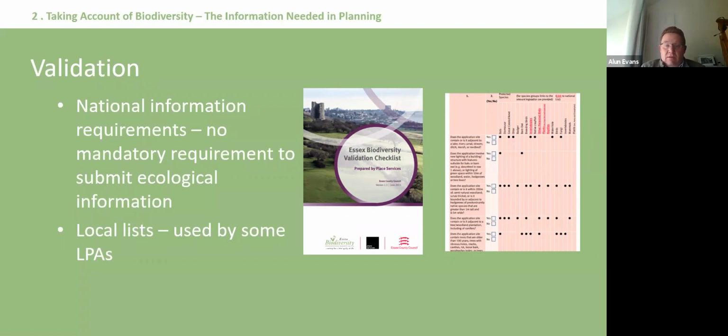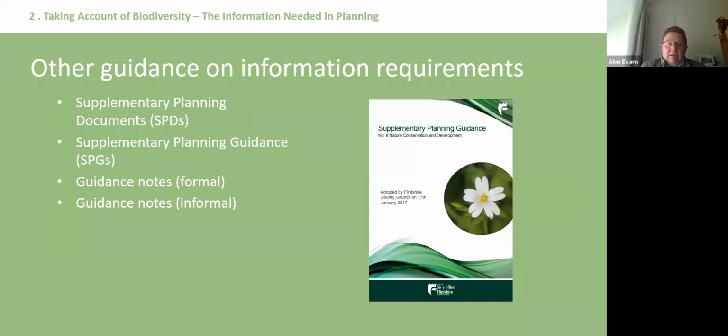Here is an Essex example with a very distinctive list of what's required for certain types of development. In other authorities, they might have supplementary planning documents or supplementary planning guidance with advice on the nature and scale of surveys, or they might have some informal guidance notes or in-house advice that they provide to applicants.